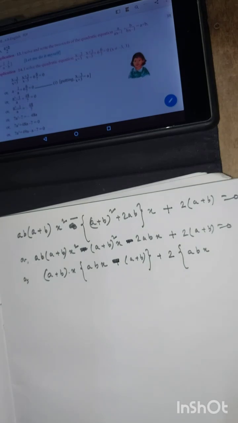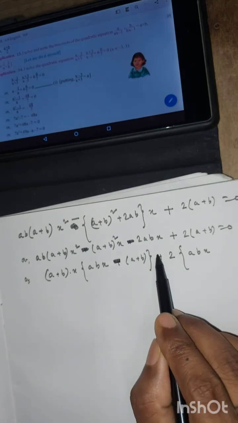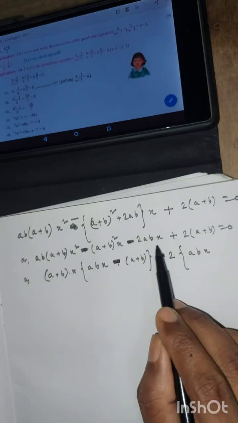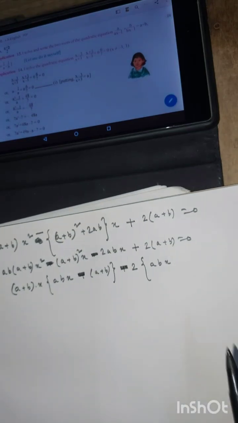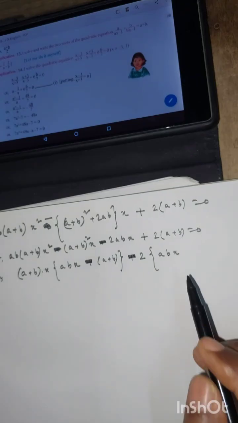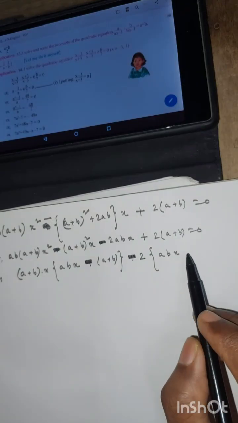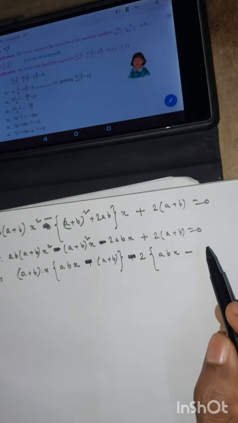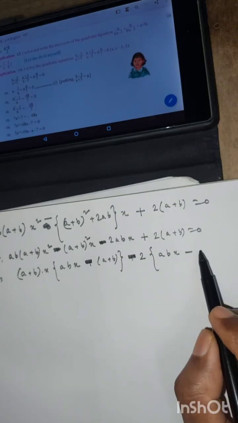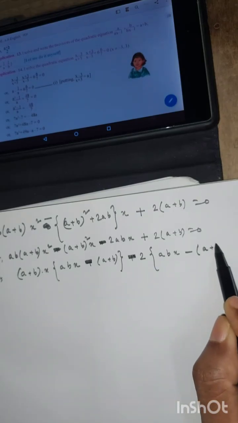Now if we take -2 as common from these two quantities, we have abx minus a plus b.